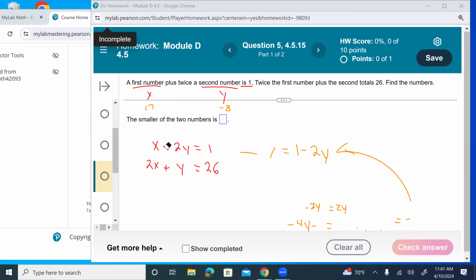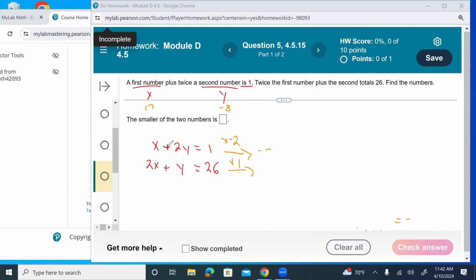I could have solved it the way we did at the start of class today by elimination and said, okay, if I took this equation times -2, this equation times 1, then the x's are going to get eliminated, right?